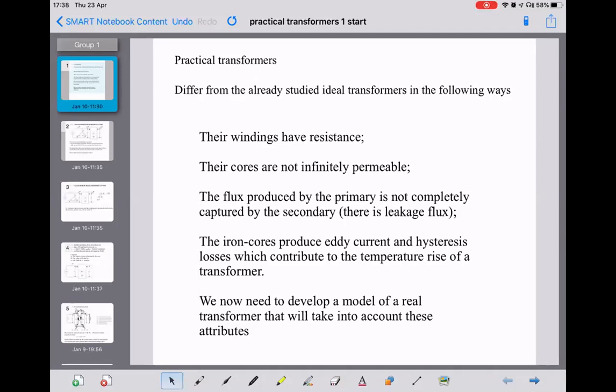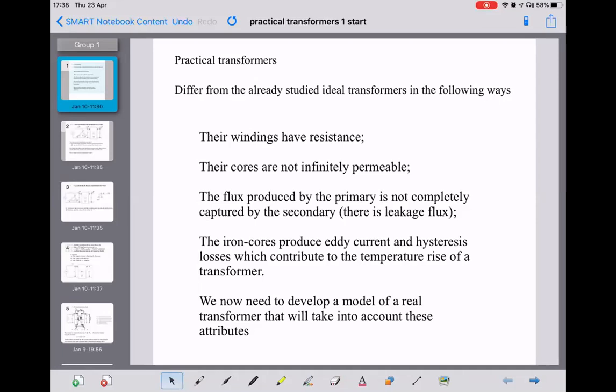Third thing, the flux produced by the primary is not completely captured by the secondary, and vice versa. For the ideal transformer we assume there's no leakage flux and that they're perfectly linked. Real transformers aren't. There's leakage flux on both the primary and secondary side of a real transformer.